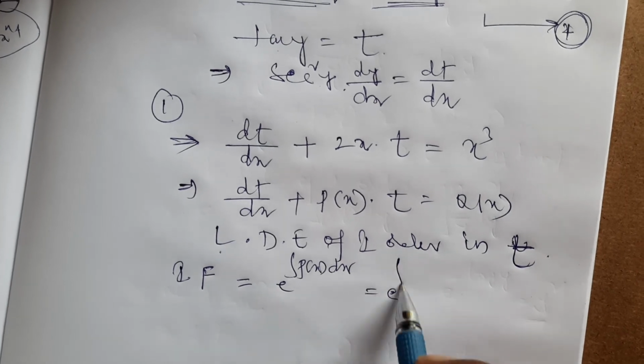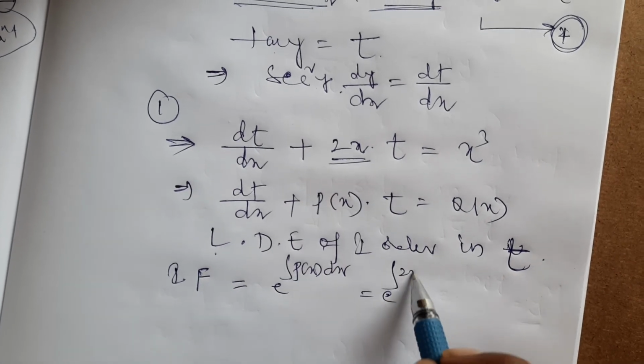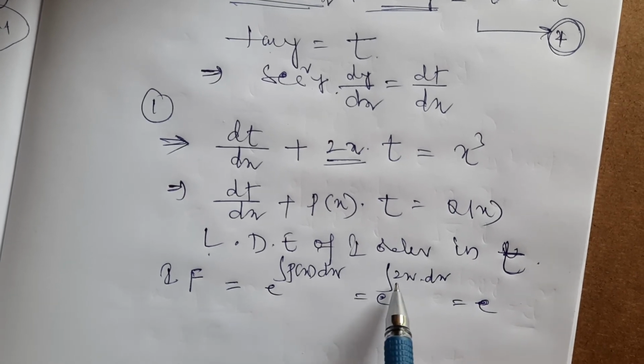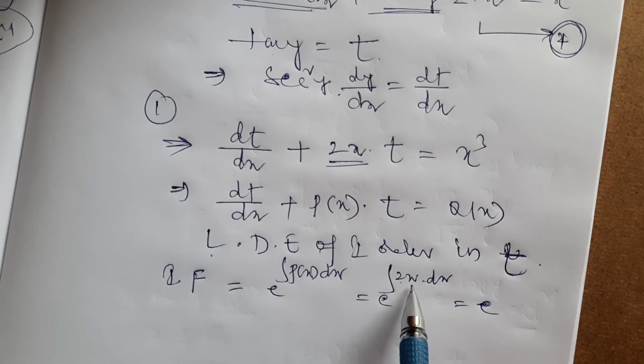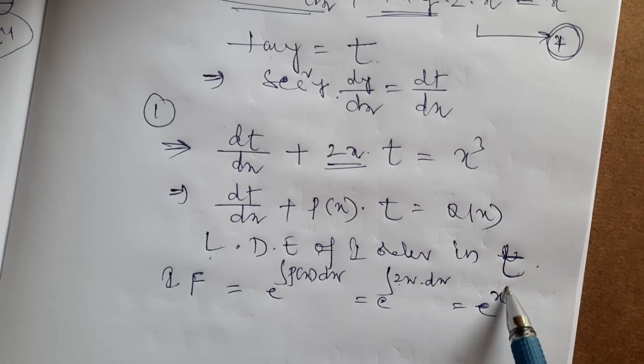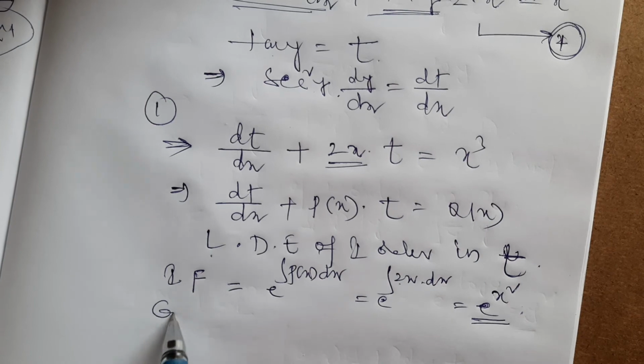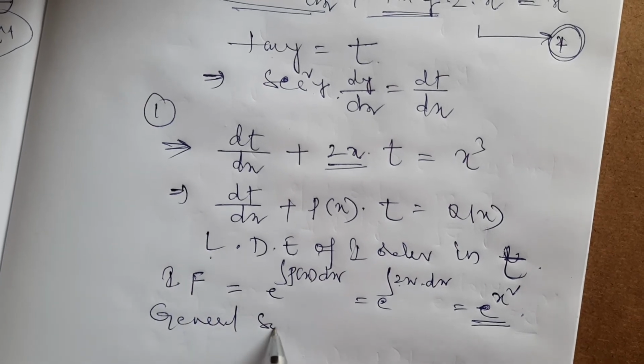That is e power integral 2x dx. What do I get? e power 2 into integral x, which is x square by 2, so x square. After getting the integrating factor, we have to write the general solution.